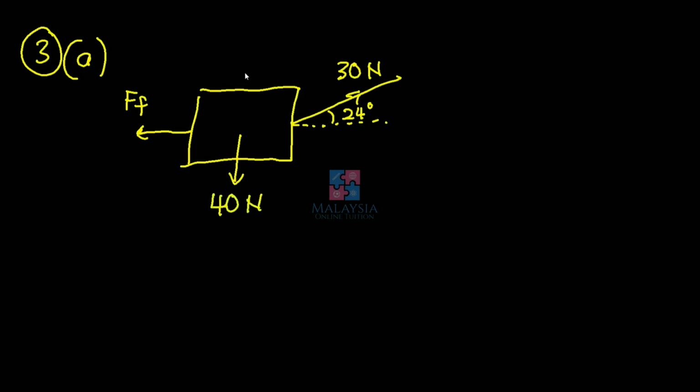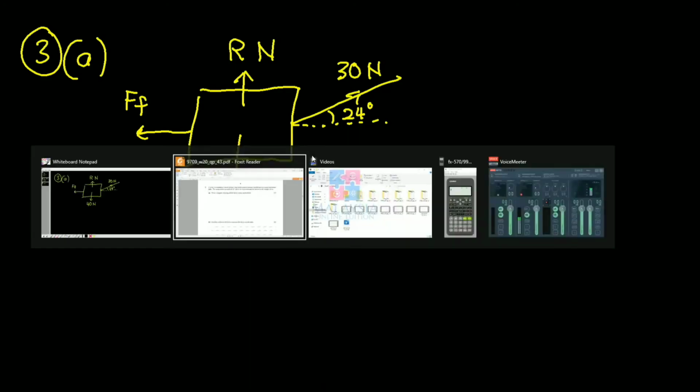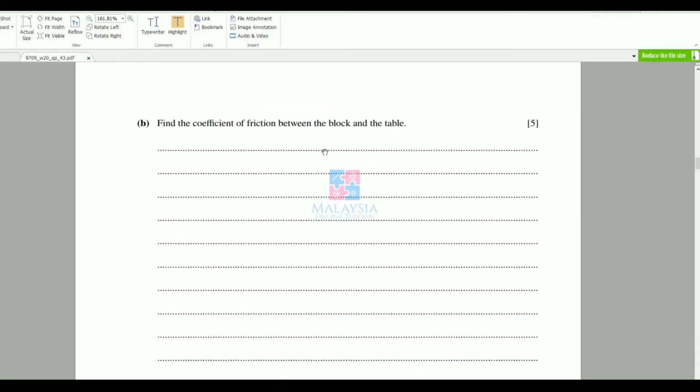Then we have another force going up, which we can call the reaction force or the normal force. So let's call it reaction force, R Newton. So these are all the forces that we have for this question, and this will be the final answer for question number 3, part A.